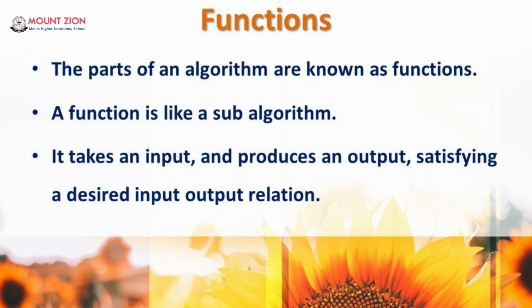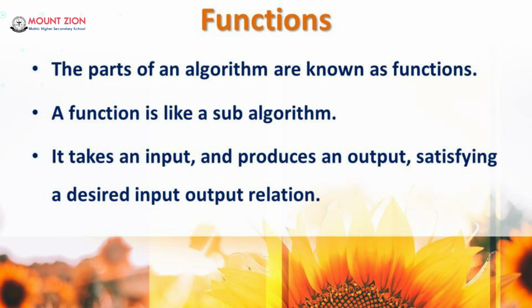Integrate means combine the parts to complete the algorithm. So the parts of an algorithm are known as functions. A function is like a sub-algorithm. It takes an input and produces an output, satisfying a desired input-output relation.